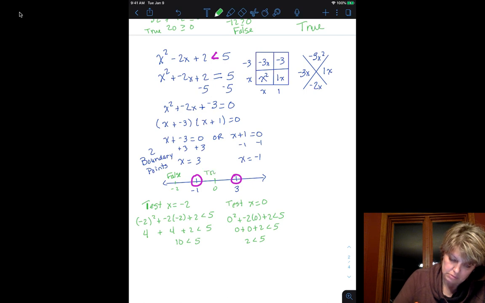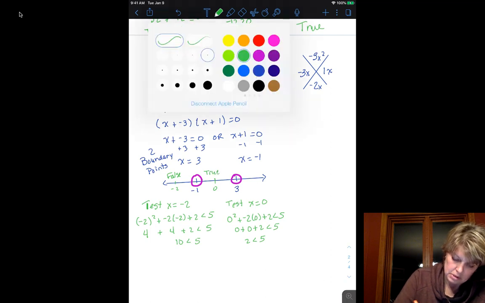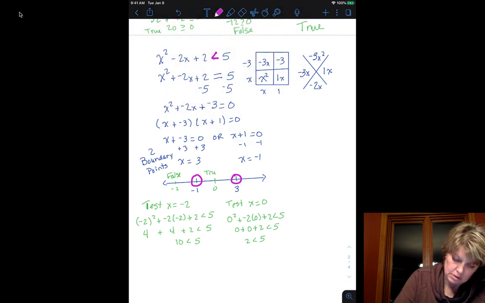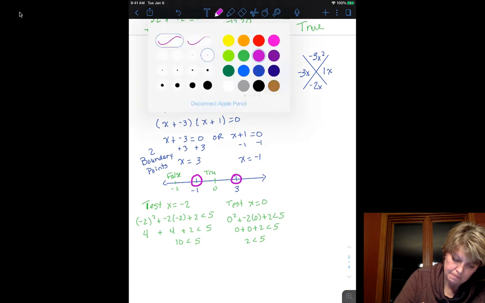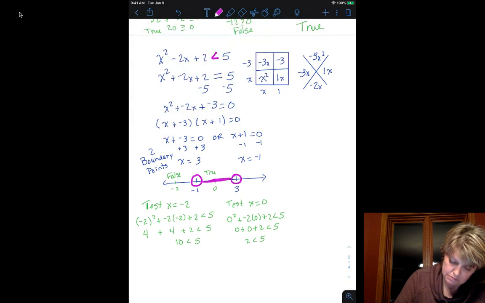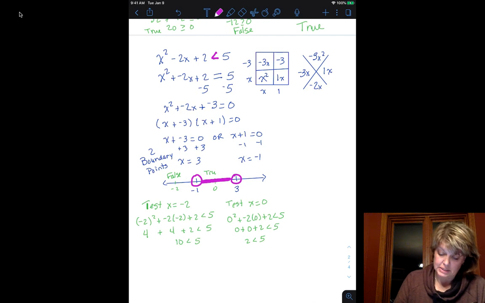Whoops, what just happened? Yep, we'll get there yet. It made it true, so I'm coloring it. I'm coloring those in because they did in fact make it true. If 0 made it true, all of them would make it true.